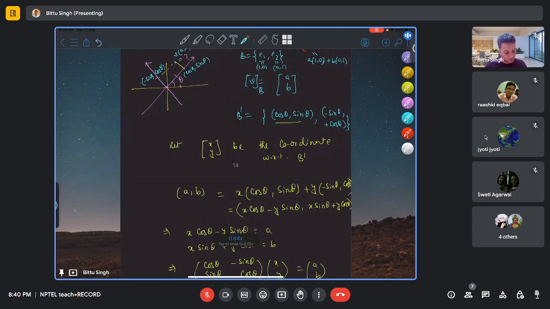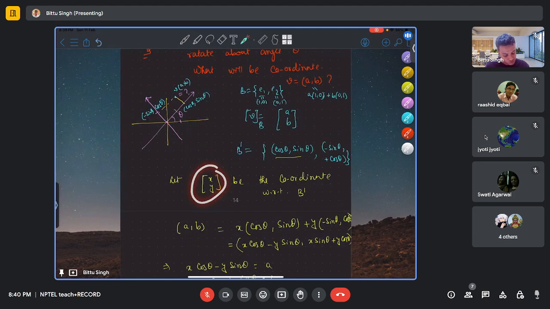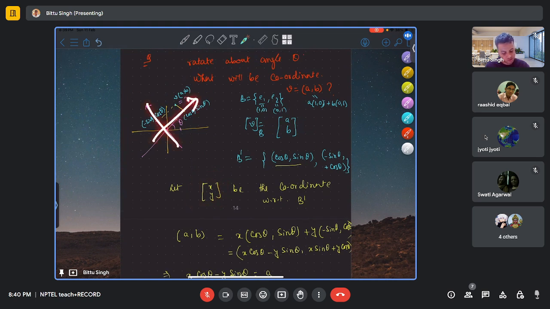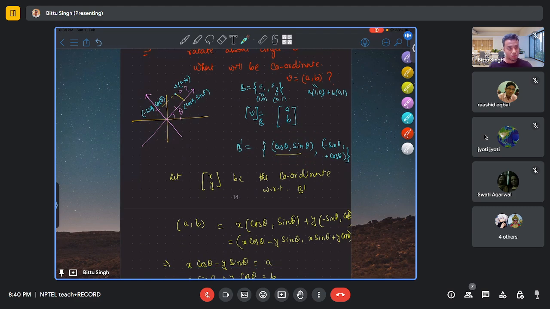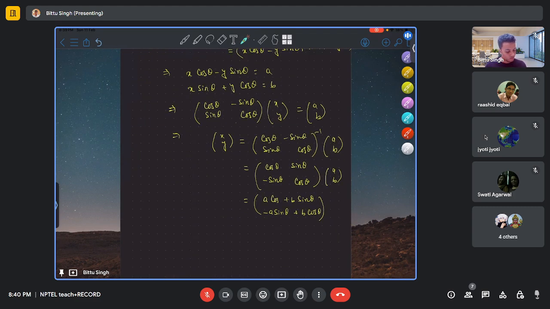Hence, the coordinate (x, y) is with respect to the new basis, that is, the vectors (cos theta, sin theta) and (minus sin theta, cos theta). This constitutes the new basis. With respect to the new basis the coordinate is now different, because (x, y) is not (a, b); it has some extra terms.